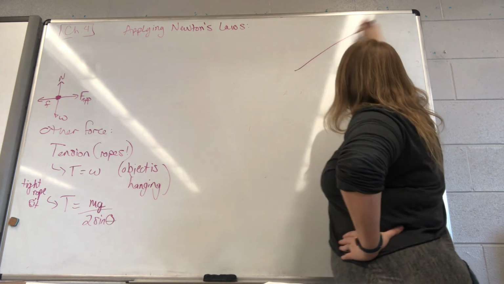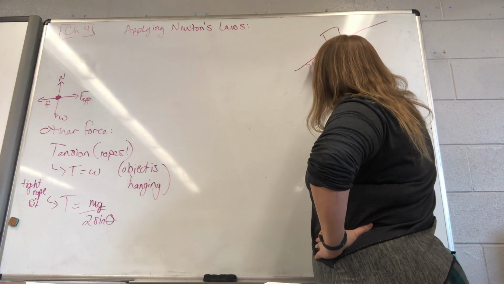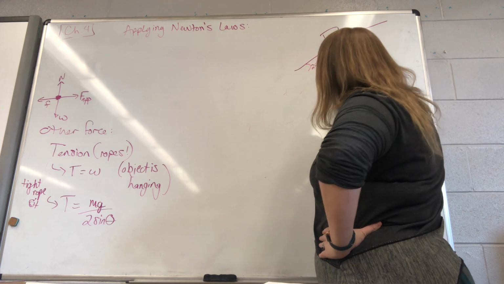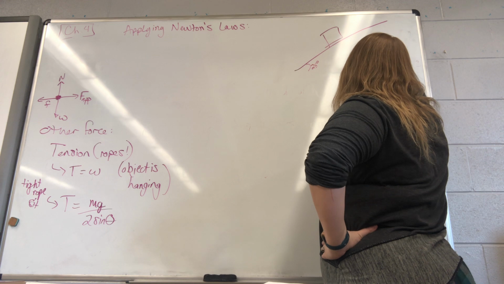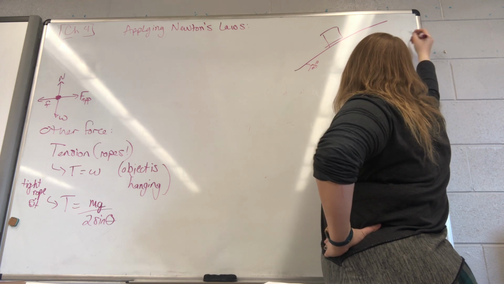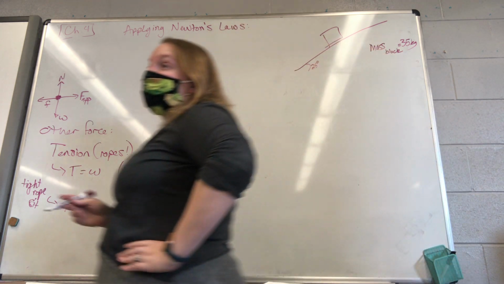So let's look at a situation where we've got a block on a 25-degree incline. The mass of the block is 35 kilograms.